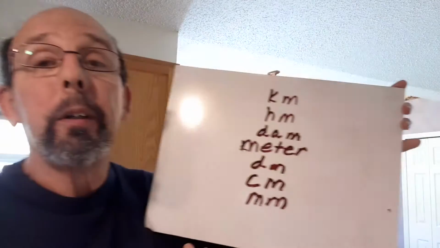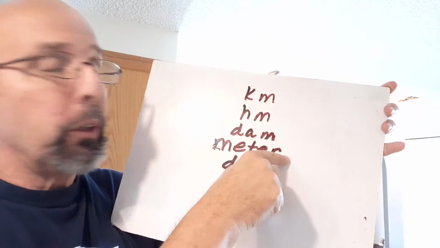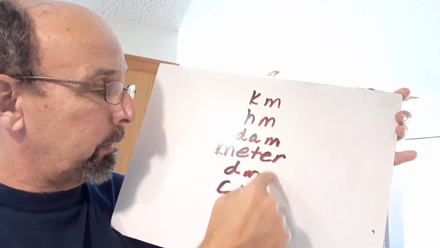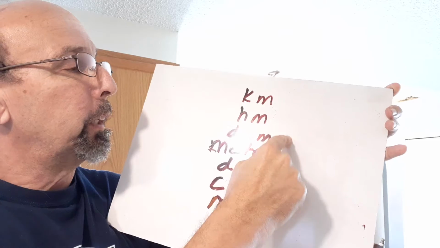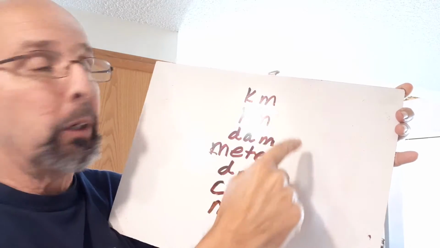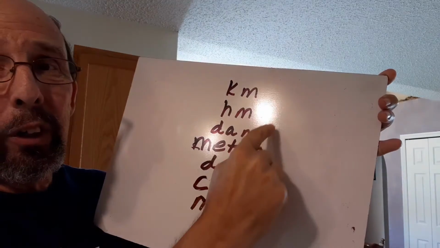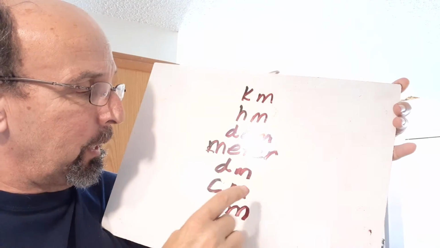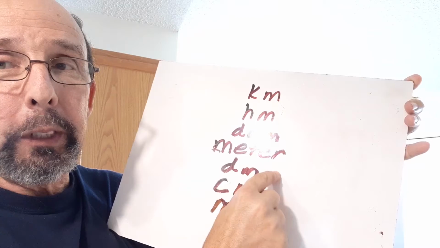So here's your scale. You have your meters or grams or liters, whichever it happens to be, and your prefixes: deci, centi, milli, decameter, hectometer, kilometer. Again, these two right here, you're hardly ever going to use those. The same thing with your decimeter.